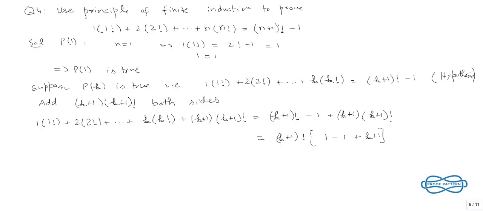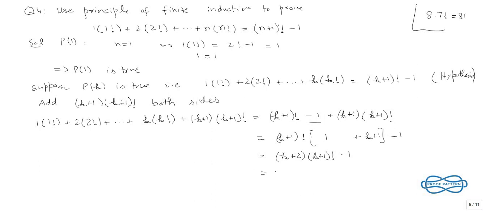No, there is some mistake. This minus 1 will remain alone. Okay, and that will be k plus 2 into k plus 1 factorial minus 1, and we know that if we write, for example, 8 into 7 factorial, it is actually 8 factorial.